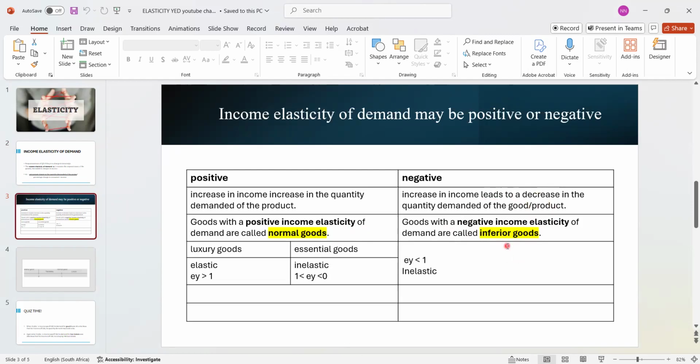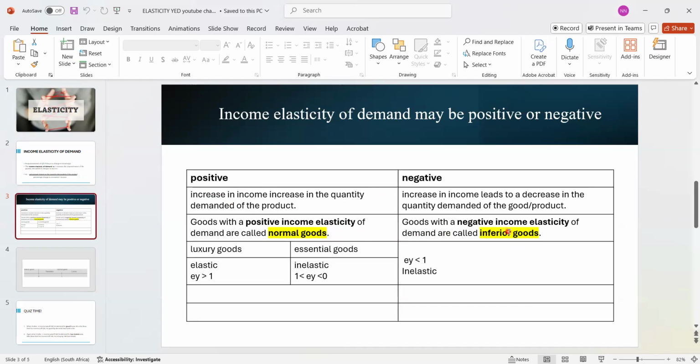But as soon as you get your allowance, you will then go to a restaurant, perhaps. So that means a restaurant is a normal good, because if your income increases, the quantity demanded for that product will increase. You understand? Because if you get your allowance, you then go to a restaurant. So your demand for the restaurant increases because your income has increased.